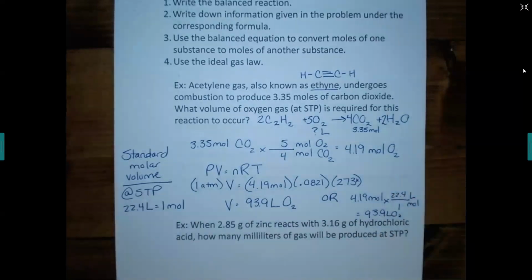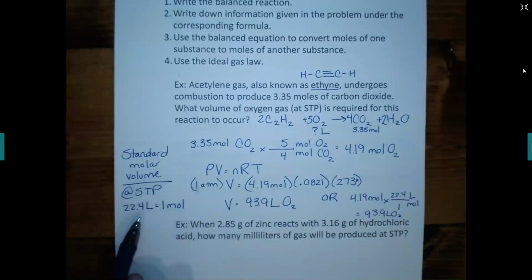If that's confusing to you, forget I said it, because you're going to get the same thing either way. This is just a shortcut to save you some time. Again, you can only use the standard molar volume when the conditions are at STP. Okay, hopefully that made sense.